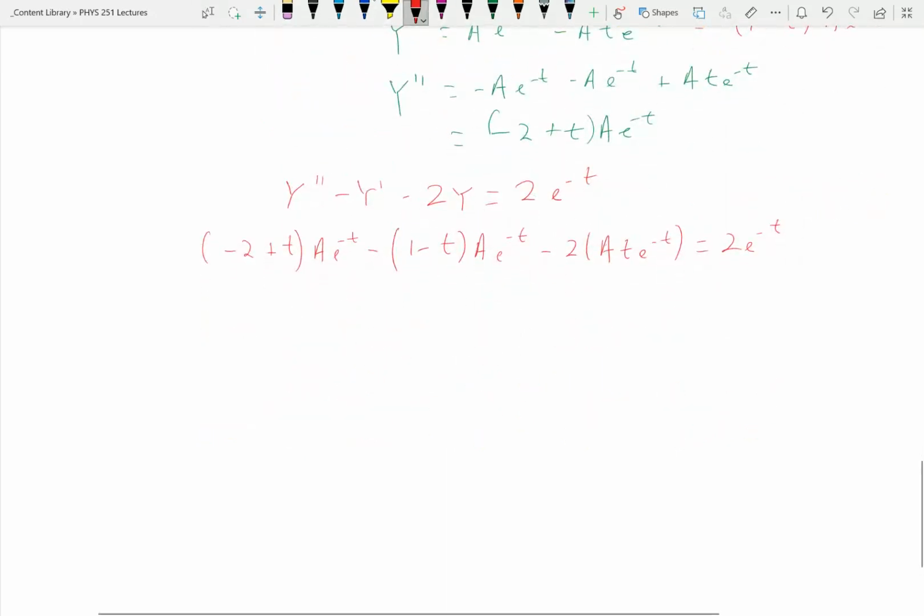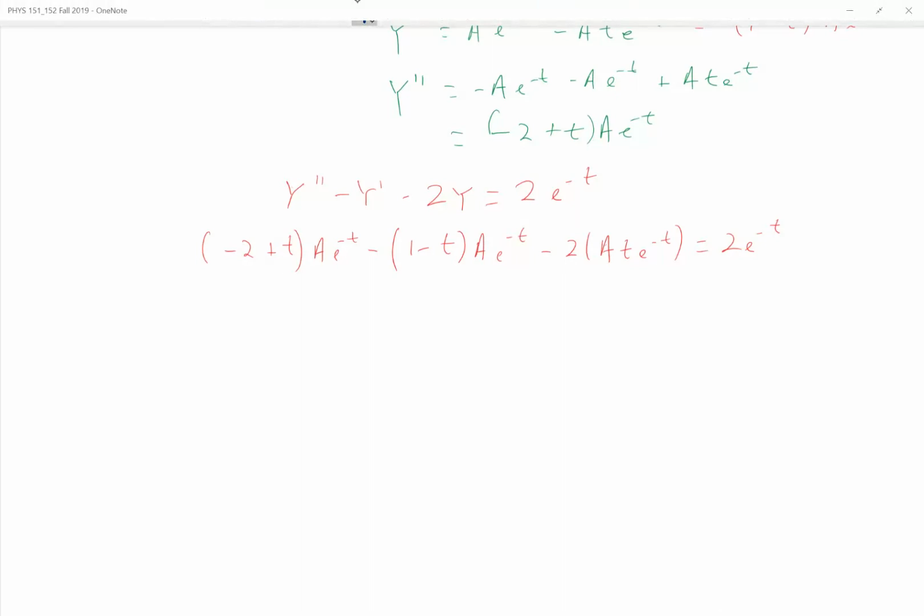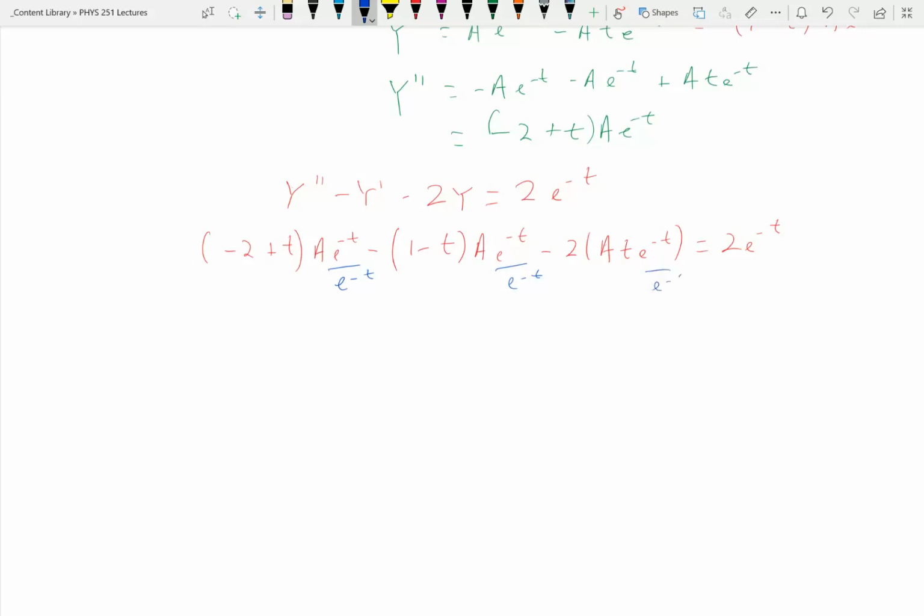Notice everything has e to the minus t, so it's perfectly legal to divide it out. And I have a times t minus 2 minus 1 plus t minus 2t equals 2.